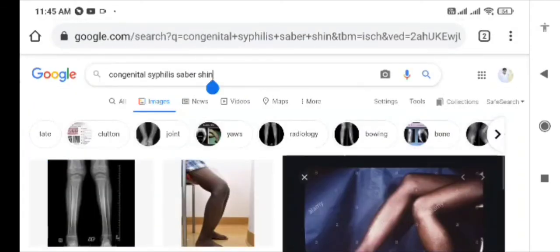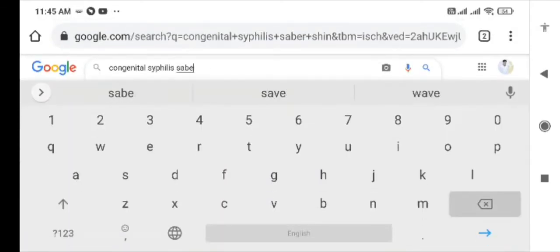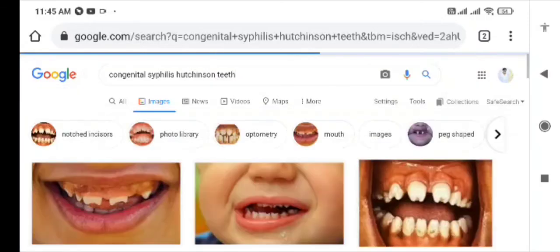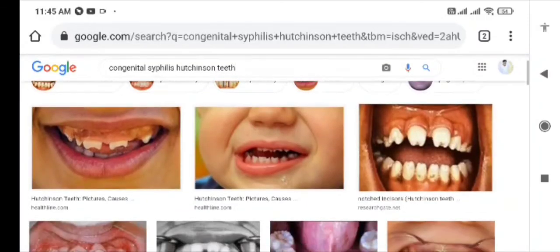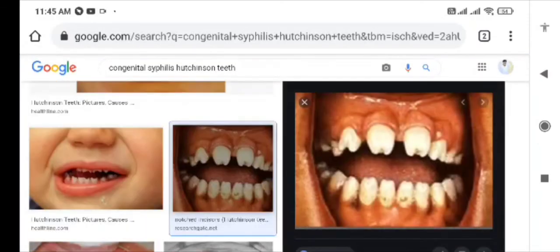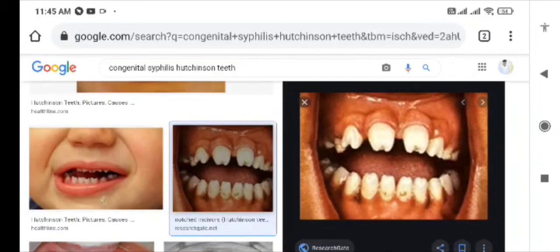Now let me show you the Hutchinson teeth. So what happens in Hutchinson teeth? Let me show you this one. See this teeth. What kind of features are you seeing? This is Hutchinson teeth.